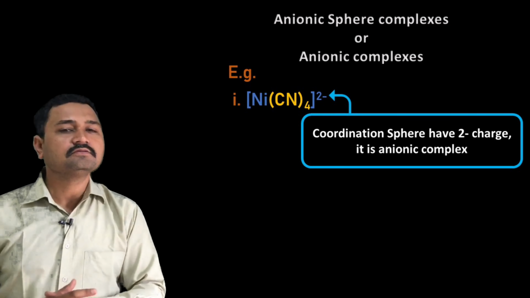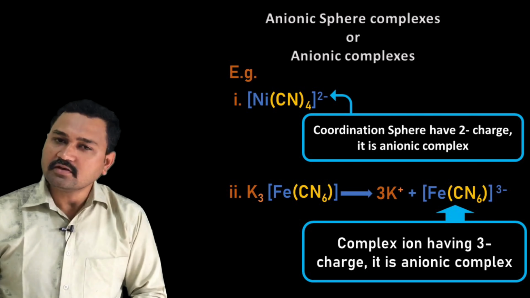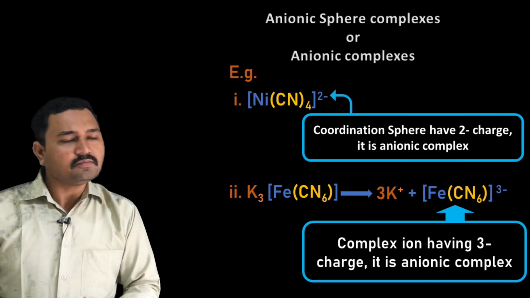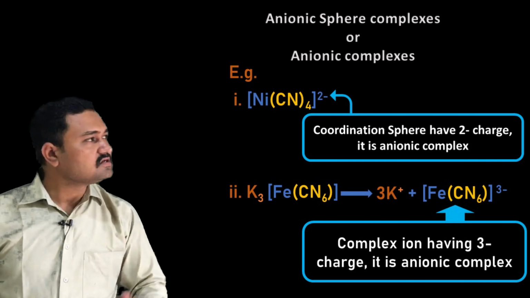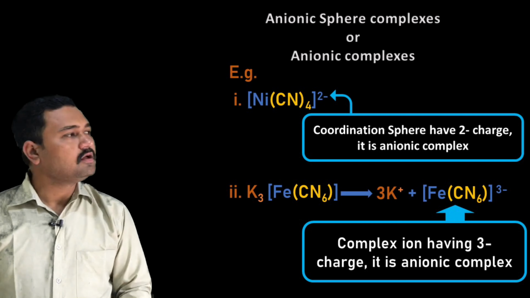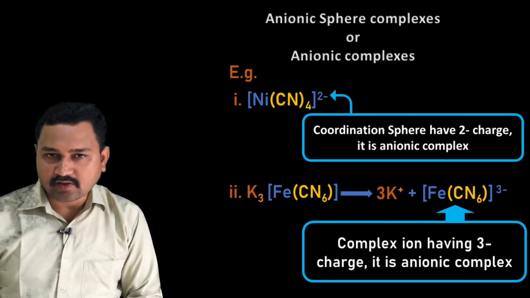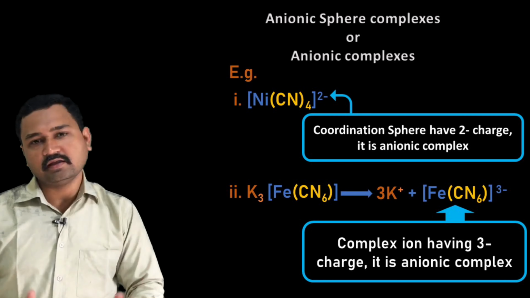Now if I consider the second example, K3[Fe(CN)6], this complex after dissolving gives the [Fe(CN)6]3- ion along with the 3 potassium ions. So as this complex ion has a negative charge, it is also an example of an anionic complex.